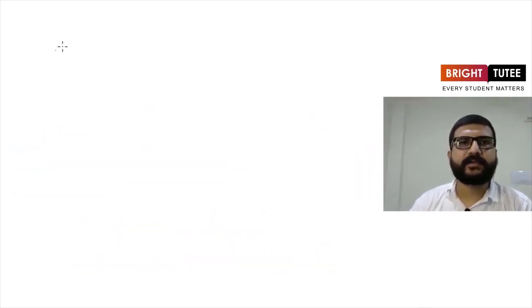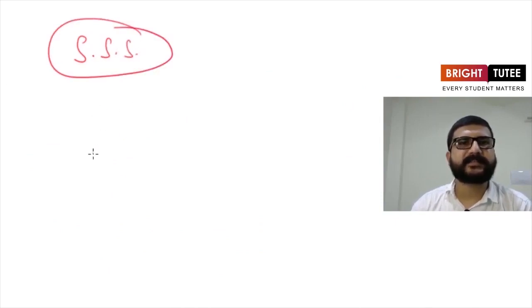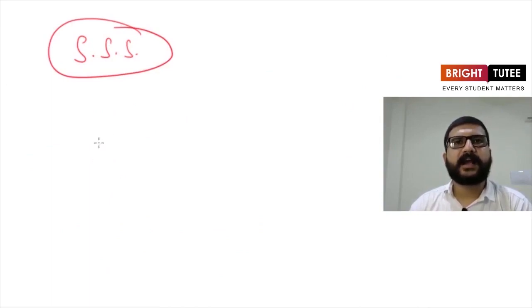So now in this video we have learned one congruency criteria and it was SSS. What does it state? If all the three sides of the first triangle are equal to all the three corresponding sides of the second triangle, then both the triangles are congruent.